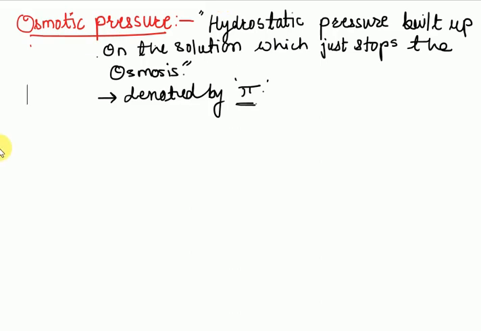Before studying the laws of osmotic pressure, now see the types of solution. First is the isotonic solution. If two or more solutions exert the same osmotic pressure, they are called isotonic solutions. You can write the definition: solutions having the same osmotic pressure are called isotonic solutions.